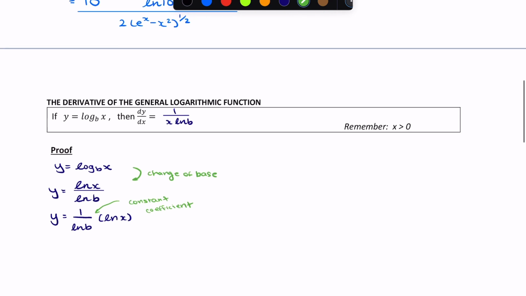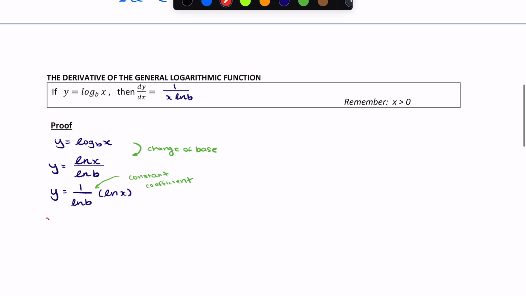And then here we can find our derivative. So here we have dy over dx is equal to 1 over ln b, and the derivative of ln x is 1 over x. And so here we see that that equals 1 over x ln b.